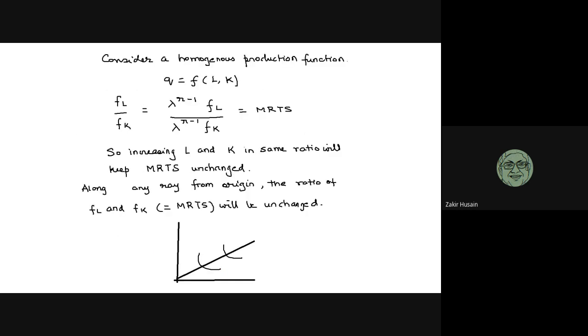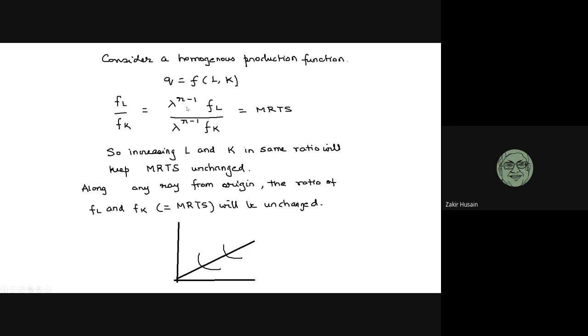So now we are applying this. This function is homogeneous of degree n. So the marginal products will also be homogeneous of degree n minus 1. If we simply increase all the inputs in the same ratio, we can write in this manner: lambda to the n minus 1 into FL, lambda to the n minus 1 into FK.